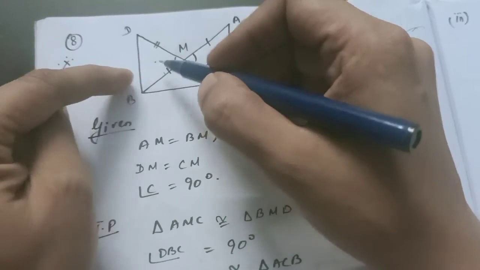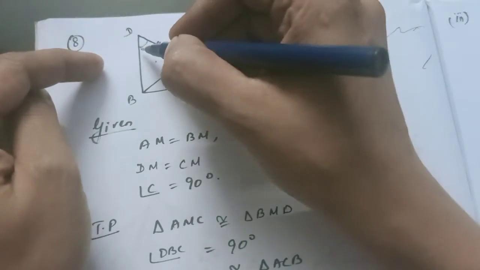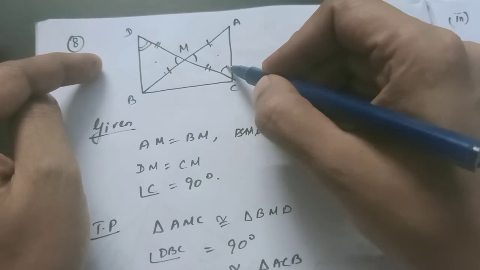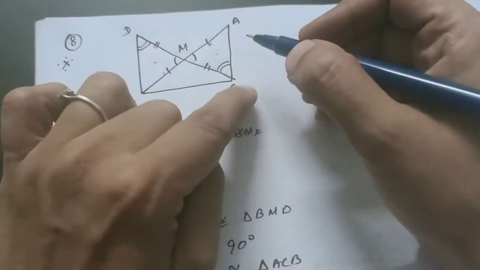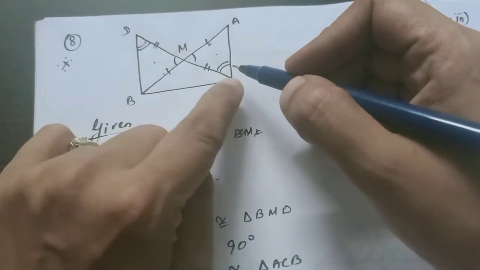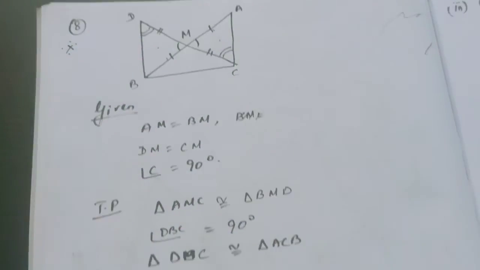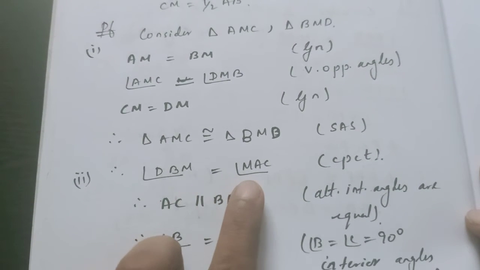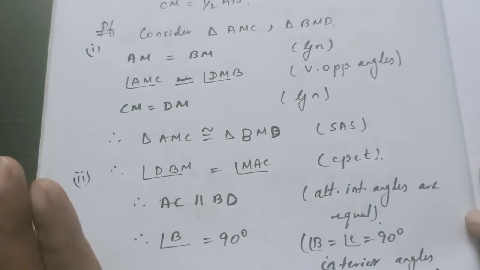Take the angle opposite to this side, and I am marking a different symbol, and the angle opposite to this side will be this one. This is how you have to mark the equal angles. These two angles are equal by CPCT. Now I have written the same thing. Angle DBM is equal to angle MAC. Okay, the two angles are equal by CPCT.